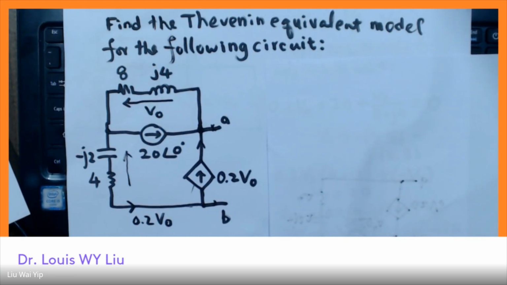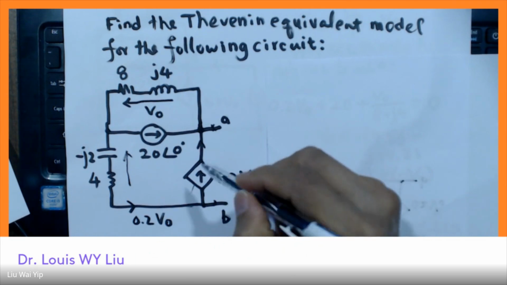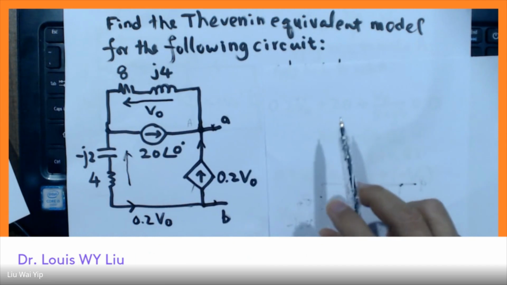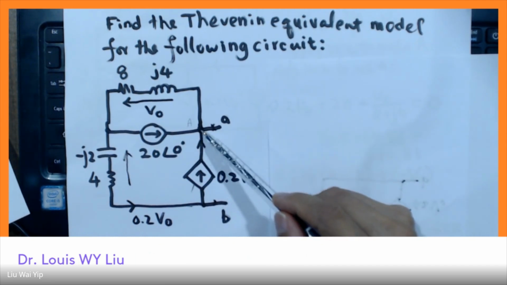So the easiest thing we can do is to apply Kirchhoff's current law to node A. So this is node A. We are going to apply Kirchhoff's current law to here.